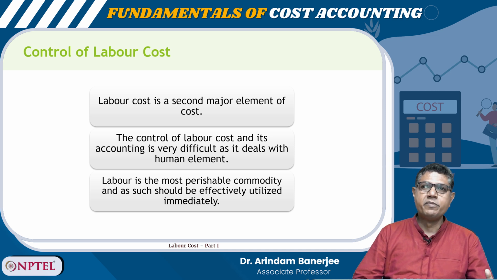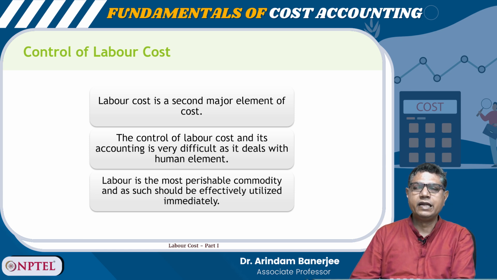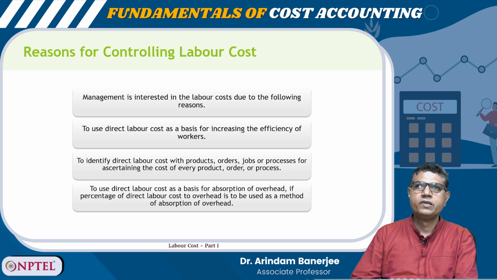The difference between material and labor is that material you can keep in store for future consumption, but labor is linked to the time. So, it is linked to the time lapse. So, as the time goes by, the labor also gets perished. So, it should be effectively utilized immediately, and there is a factor of time involved here.